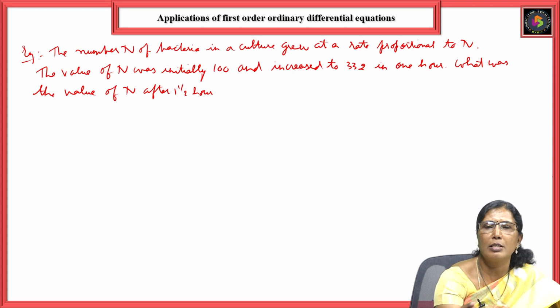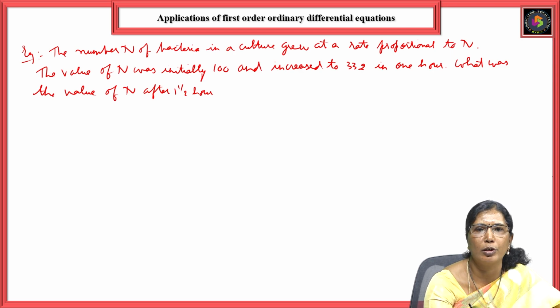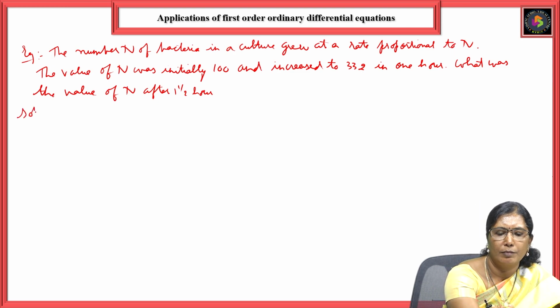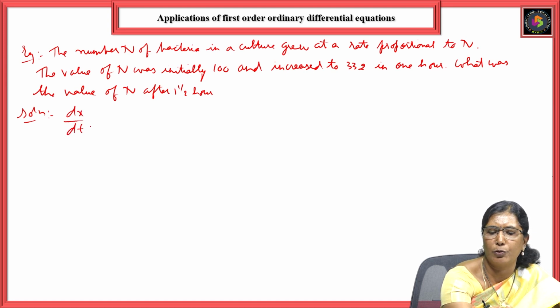Since the bacteria is growing, we have to use the law of natural growth. So what is the formula? dx by dt, and in place of x we take n. dn by dt is proportional to n. Since it is growth, dn by dt is equal to kn.